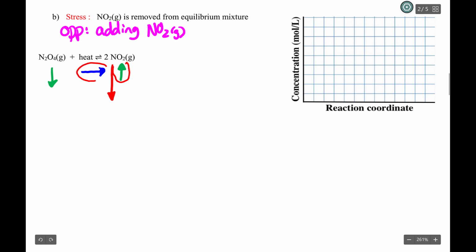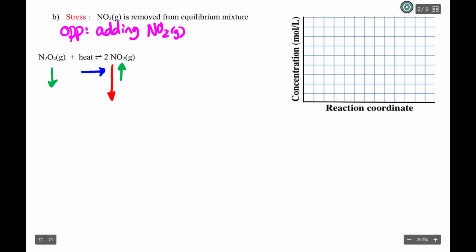And if we shift away from this side, its concentrations are going to go down. So again, if the red arrow goes down, we shift towards. Whatever side the blue arrow shifts towards, our concentrations go up. Whatever side we shift away from, our concentrations go down. This is the opposite of the previous question.